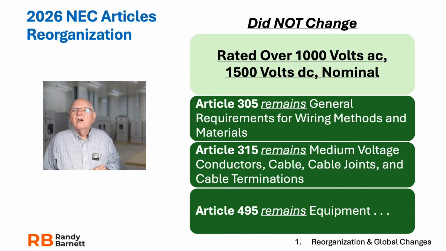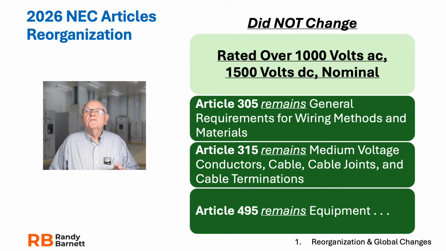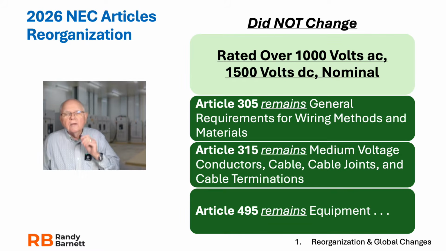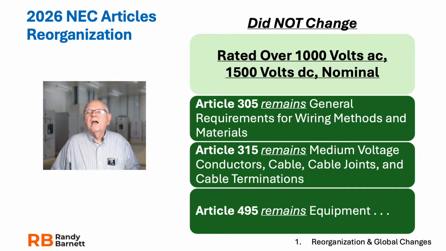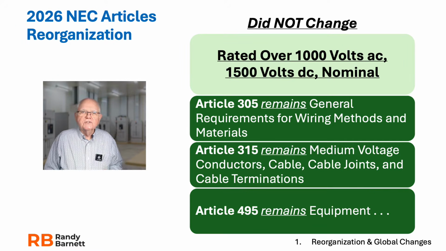And we still have Article 315, which is for medium voltage conductors, cables, cable joints, and cable terminations over 1000 volts, right? And we still have Article 495 for equipment rated over 1000 volts AC, 1500 volts DC. So now, logically, the systems and equipment you're working on over 1000 volts AC, 1500 volts DC have all been grouped together for you in those various articles we just mentioned.